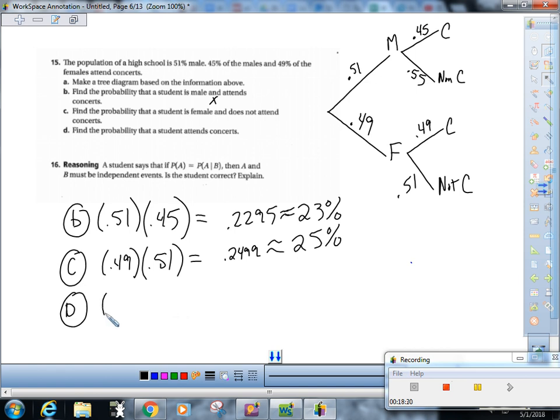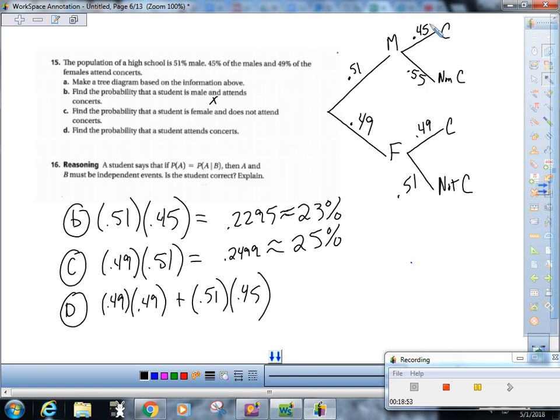So the probability that a female attends concerts would be 0.49 times 0.49 plus the probability that a male attends concerts will be 0.51 times 0.45. Okay? We cannot just add these two, and we cannot just average those two because we don't have the same amount of males and females.